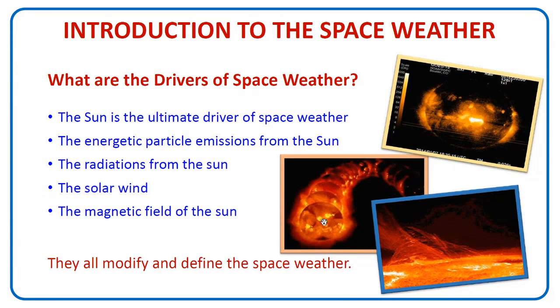The activities form a cycle, called the solar activity cycle, which will come in detail. And there are certain events happening on the sun: solar flares, CMEs, the coronal mass ejections, and also certain other phenomena in addition to what we have mentioned.